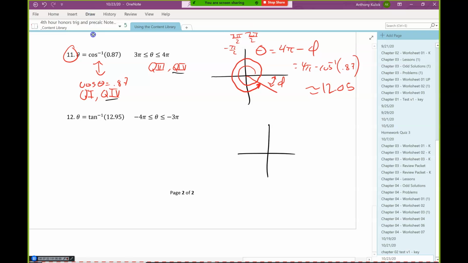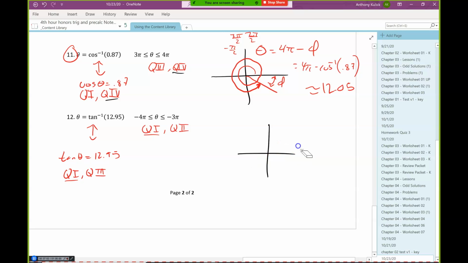Well, this is 0 to negative 1, negative 1 to negative 2, negative 2 to negative 3, negative 3 to negative 4. So we want our answer to be in quadrant 1. So 0 to negative 1 pi, negative 2 pi, negative 3 pi. There's our answer.